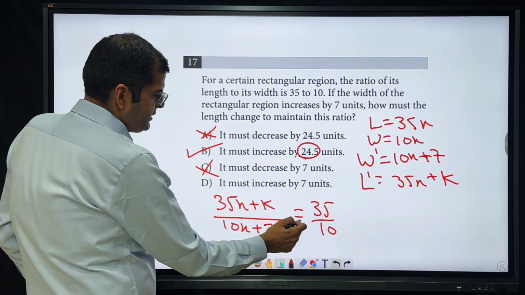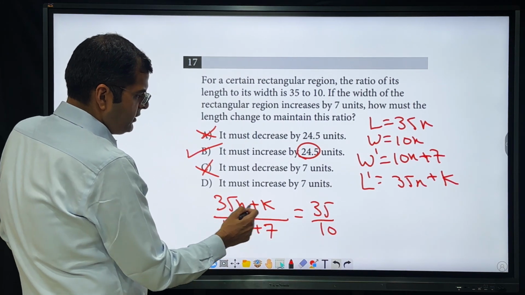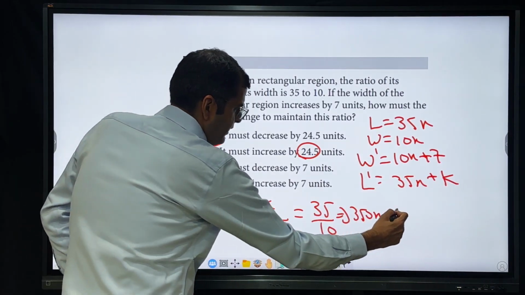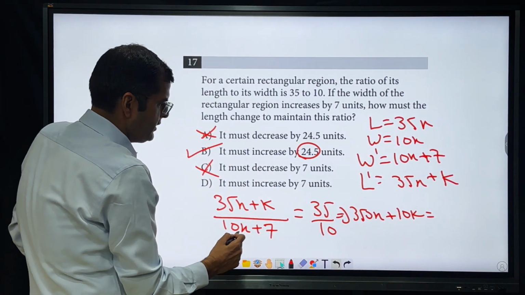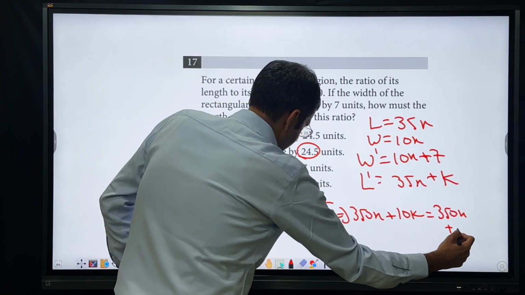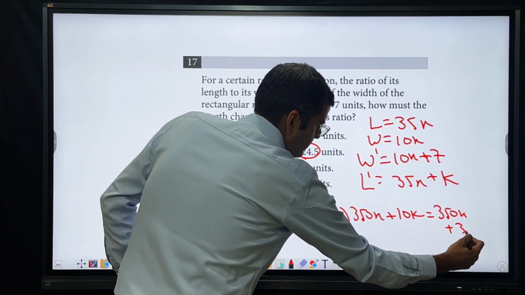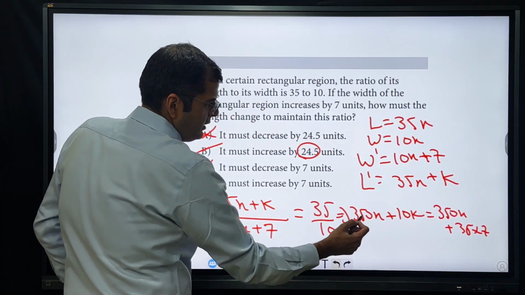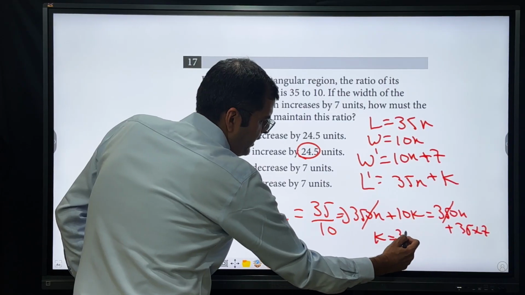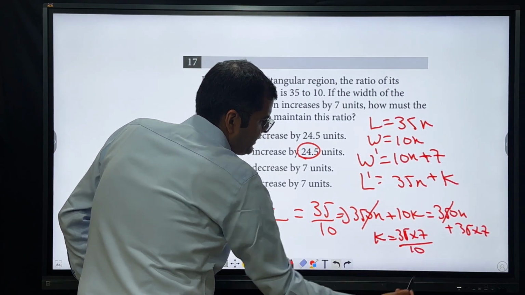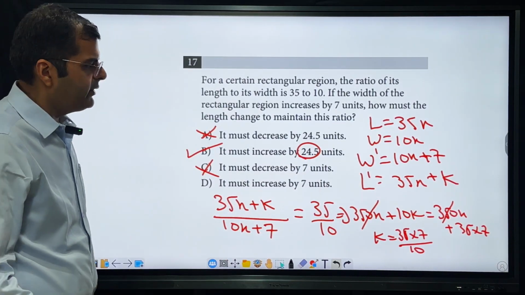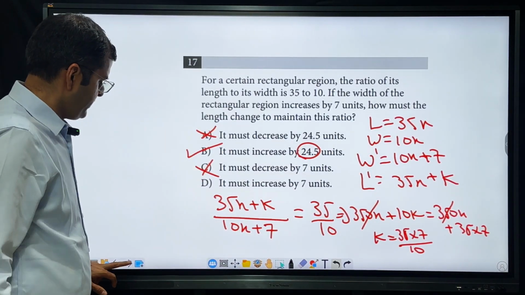So this becomes 35 into 10, which is 350x plus 10k, is equal to 35 into 10x, which is 350x, plus 35 into 7. 350x goes away. So k becomes 35 into 7 divided by 10, which is 24.5. So answer option B is correct here.